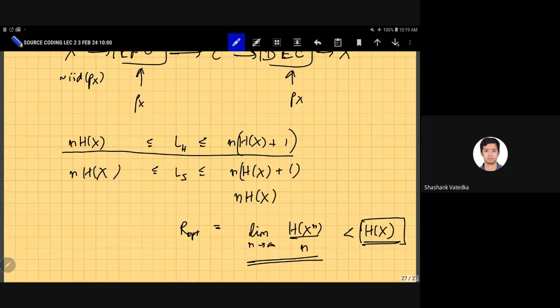No. If you do symbol-wise encoding using Shannon codes, then the expected length is n times H(X). It does not achieve H(X^n). It achieves n times H(X). This is the same with Huffman codes.